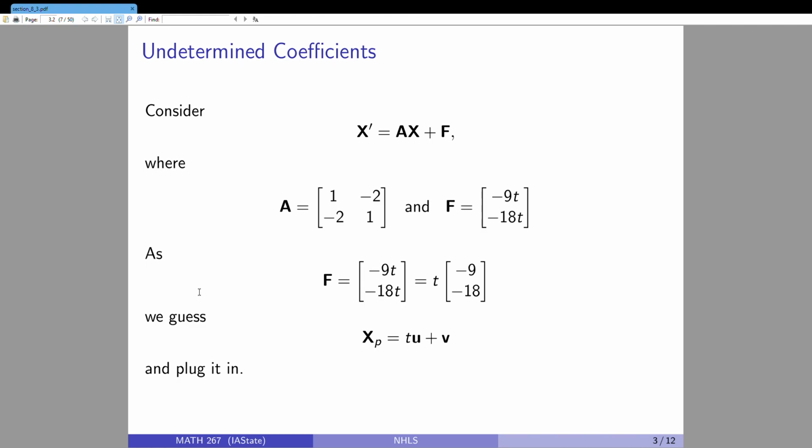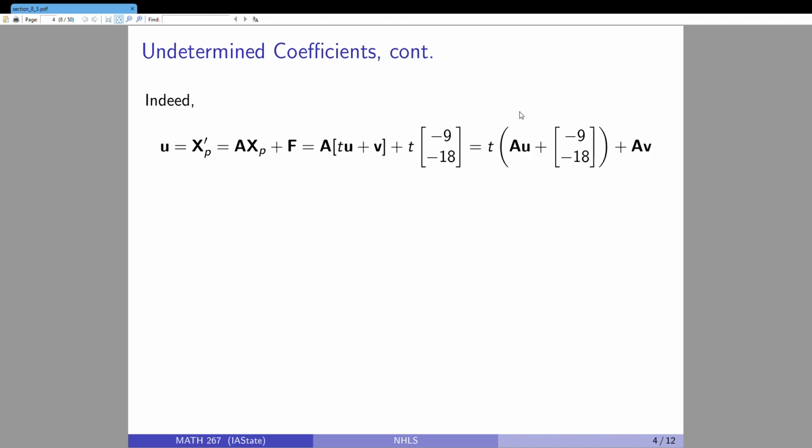Interesting. That's what we're going to guess, because that's what f looks like, and our experience with undetermined coefficients tells us that we should throw in this plus v term, because if we're missing it, it's probably going to be a problem. So let's go ahead and plug this into the equation. There are some things to note.